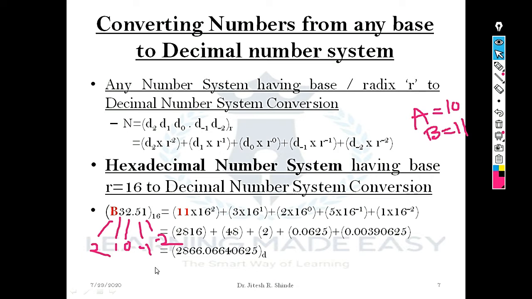Thus the final answer here we are getting 2866.31640625 decimal. Thus here, using the knowledge of positional number system, we can convert a hexadecimal number to a decimal number.